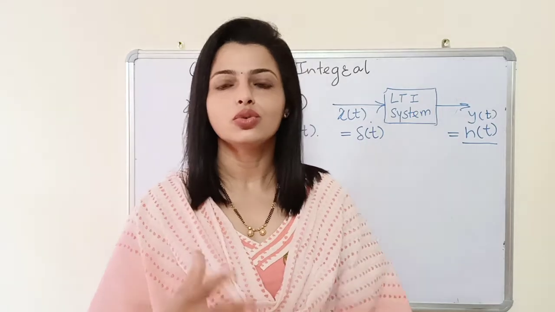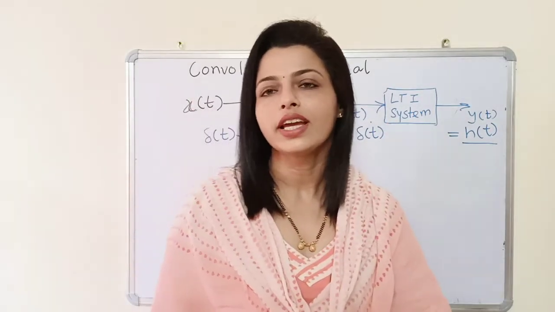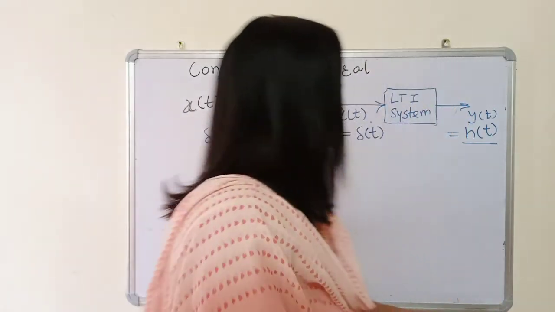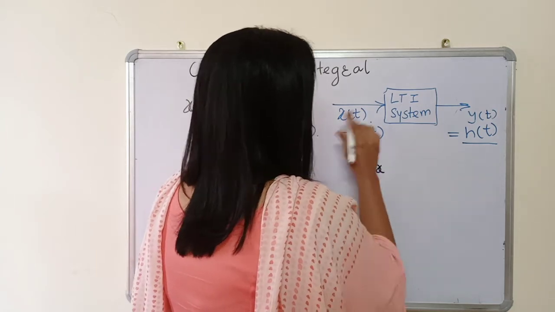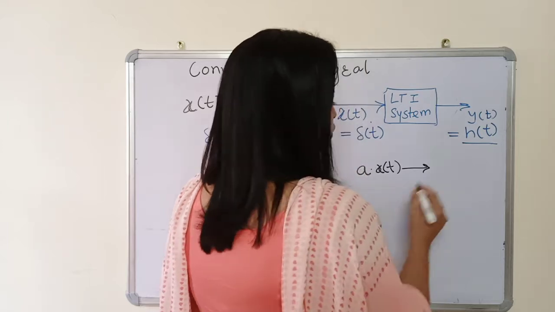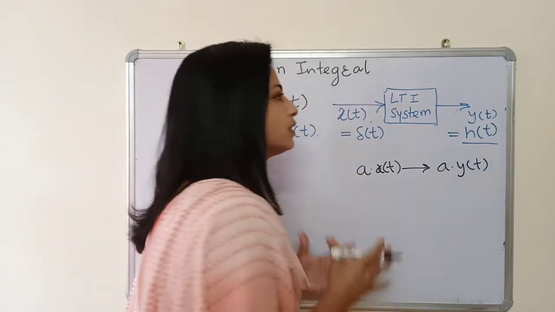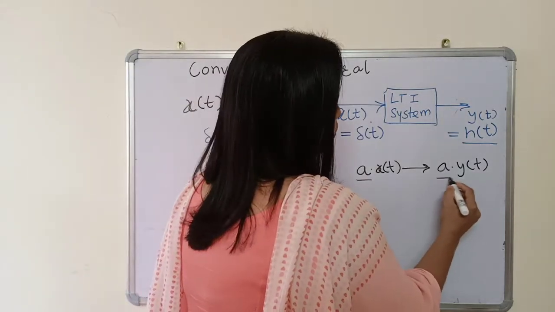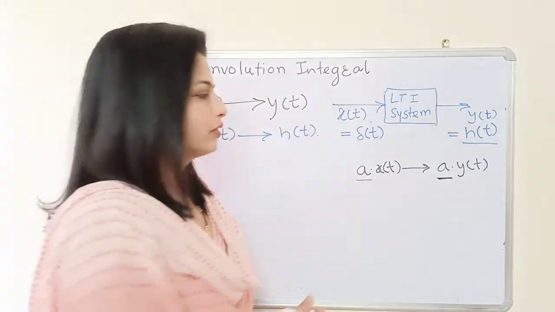It must follow two properties: scaling or homogeneity, and additivity. Scaling means that if I input a times x of t instead of x of t, it should produce a times y of t. Multiplication by a constant produces the same constant multiplying the output of the system.